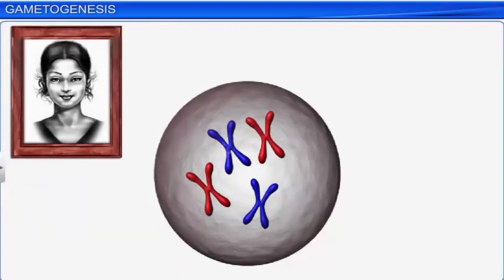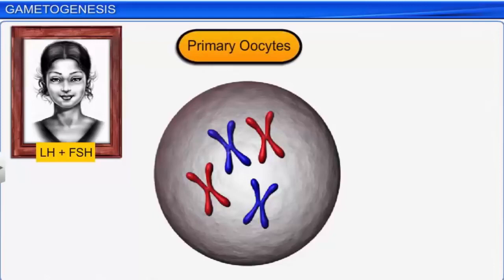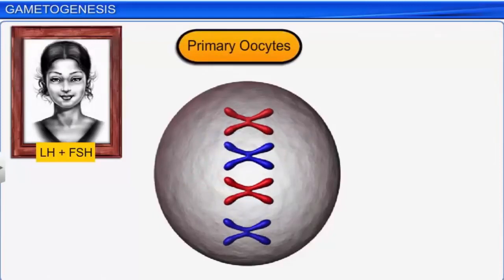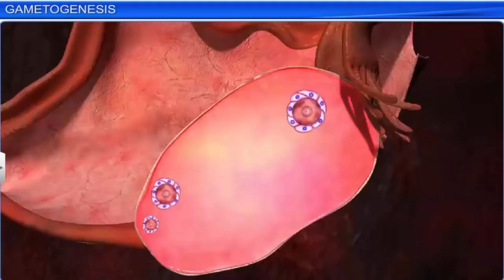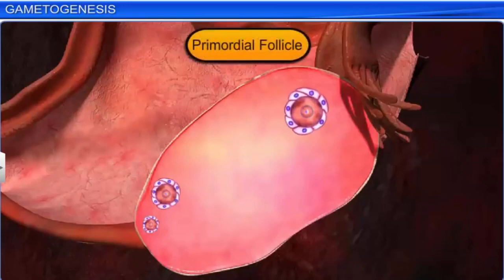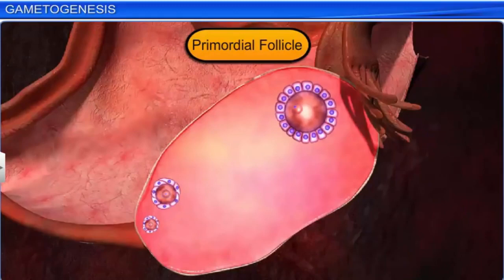At puberty, the release of LH and FSH hormones stimulates some primary oocytes to resume meiotic division that had begun during the woman's fetal stage. Moreover, due to FSH, the squamous cells of the primordial follicle enlarge and become cuboidal.